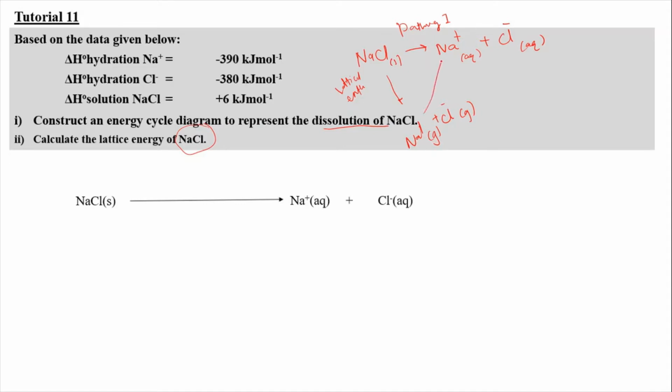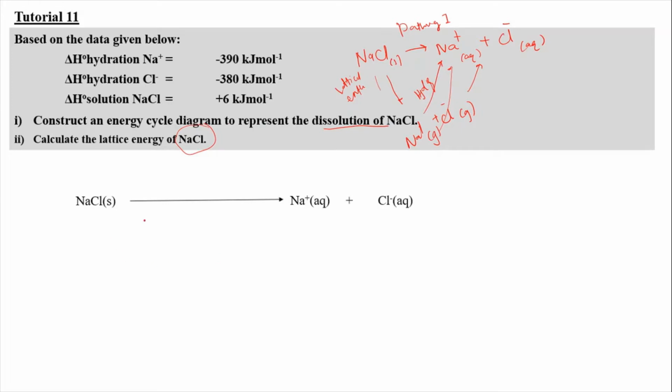And this is going to be hydrated in water so that the gaseous ions can form aqueous ions for both the Na plus and Cl minus ions. Okay, so this is pathway number 2. And you know that the enthalpy change of pathway 1 and pathway 2 will be the same. So this is covered in the lecture video.